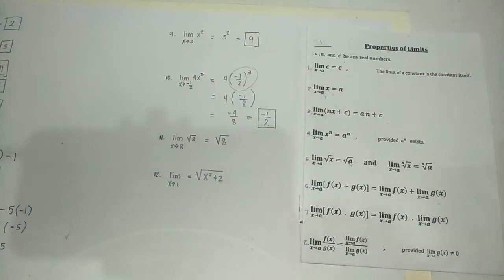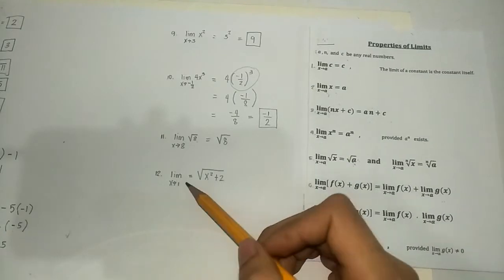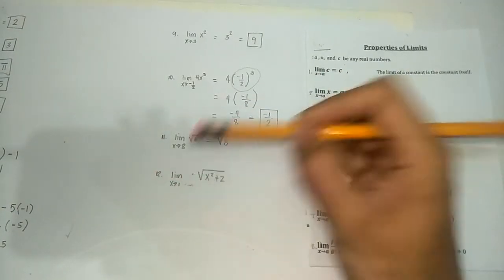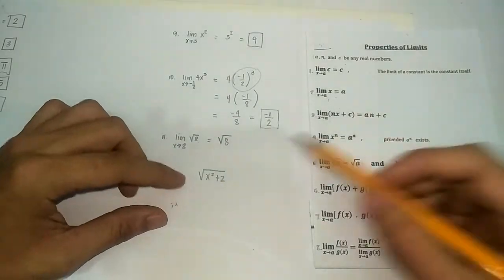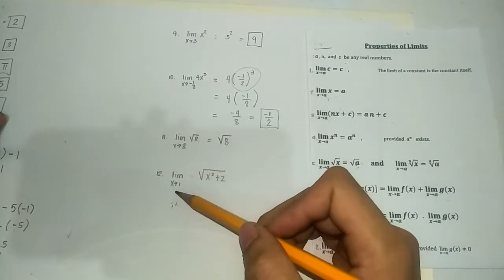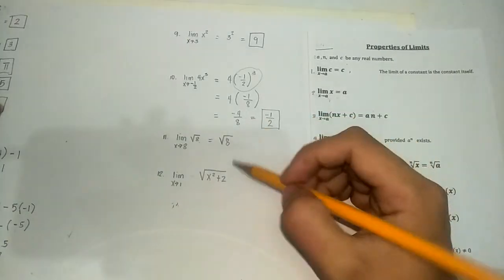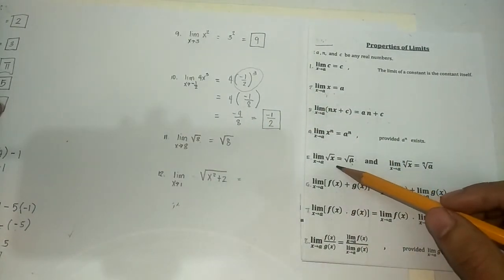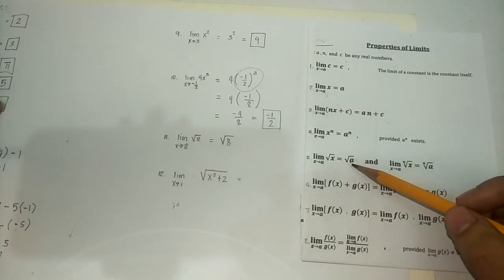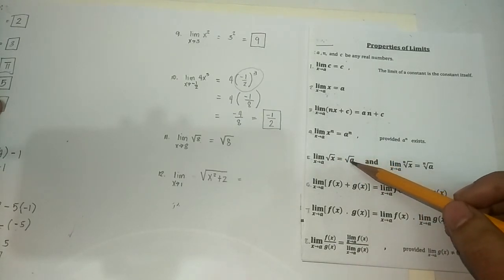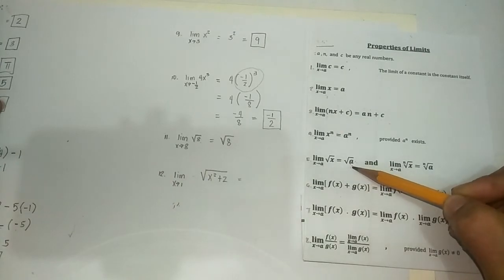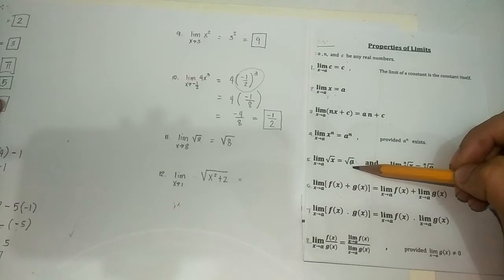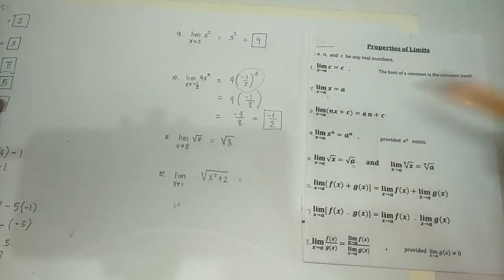Okay, next, number 12, limit of square root of x squared plus 2 where x approaches 1. We're going to apply the property number 5, square root of x is equal to square root of its approaches, and also we're going to apply the property number 3.